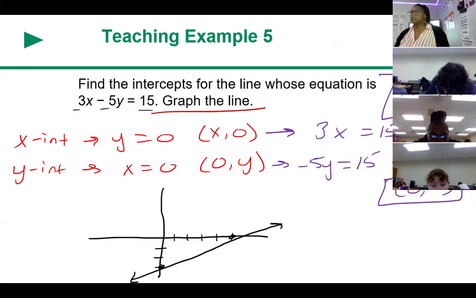Okay? That's what makes the ease of graphing with your x and y-intercept. This is all you have to worry about is where you're at on the x-axis and where you're at on the y-axis, and then connect them. Okay, so now do we feel confident about graphing the line with x and y? Okay, all right. Speak now, forever hold your peace.